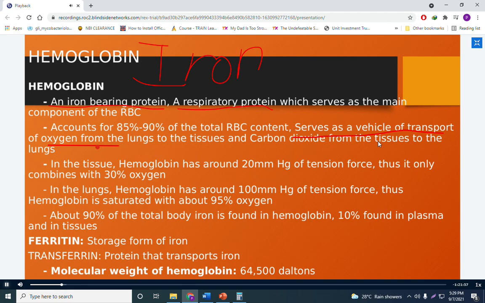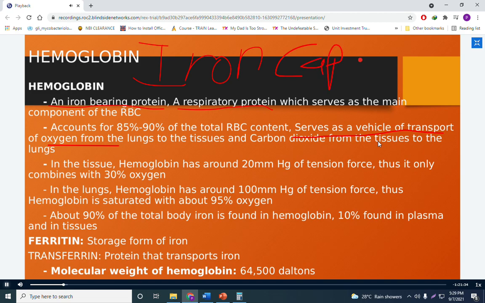Class, which type of vessel is your oxygen from the lungs to the tissues found? Alright, it's your arteries. How about your carbon dioxide class? Okay, it's your veins. Very good.